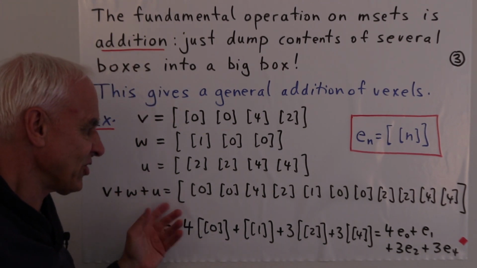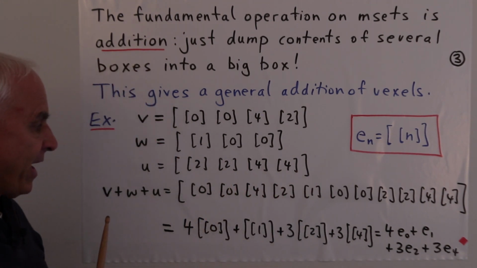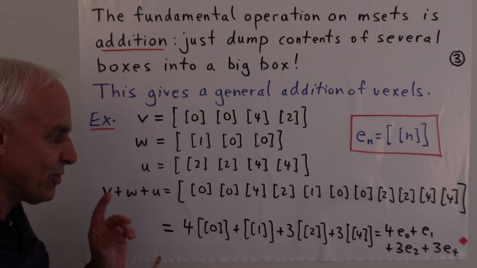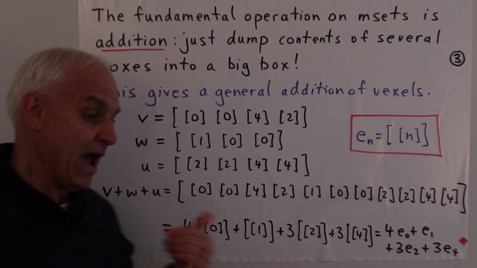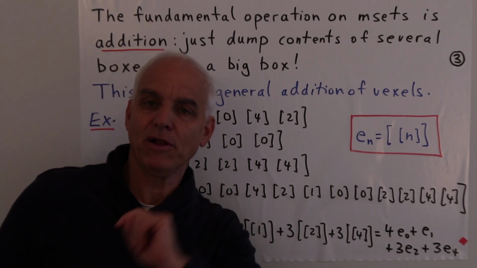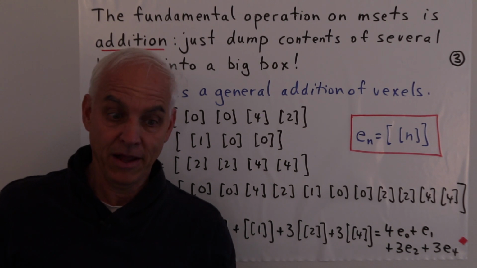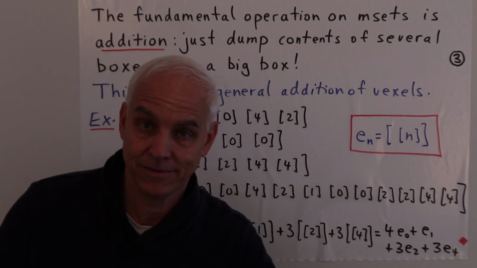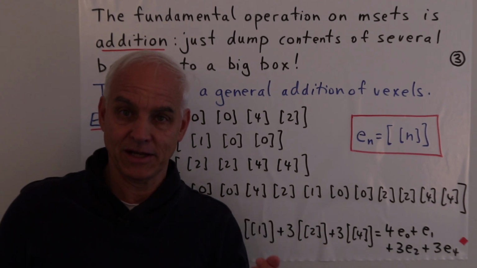But if we do want to start thinking about such a thing a little bit more comprehensively, then it makes sense for us to use a little bit of extra structure, namely the fact that if we can add multisets, then we can take multiples of multisets. If we can add A to B, then we can add A to A. So we can talk about 2A or 3A or 4A if A is a multiset.